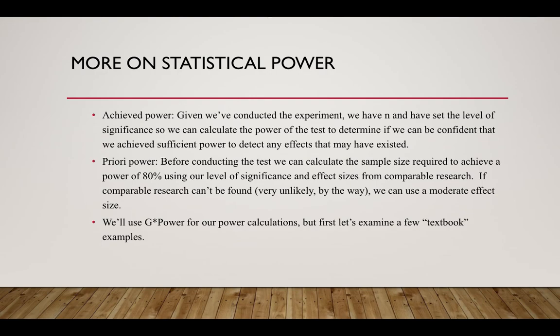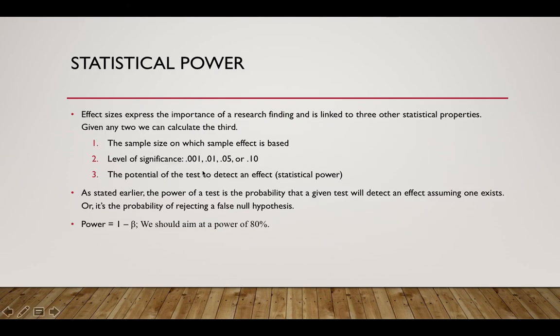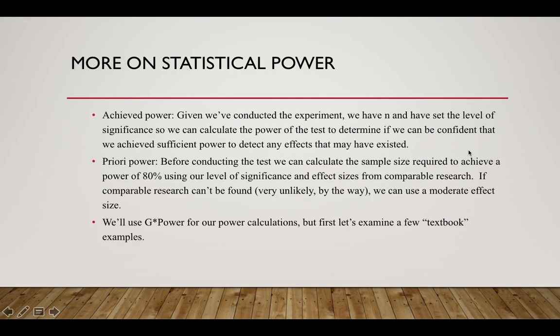Before conducting the test, we can calculate the sample size required to achieve a particular power. In that situation, number 1 is unknown, but we know number 2, usually 0.05. We know number 3, the statistical power we want to achieve, 0.80. We can choose or calculate the sample size that will yield a power of 0.80.